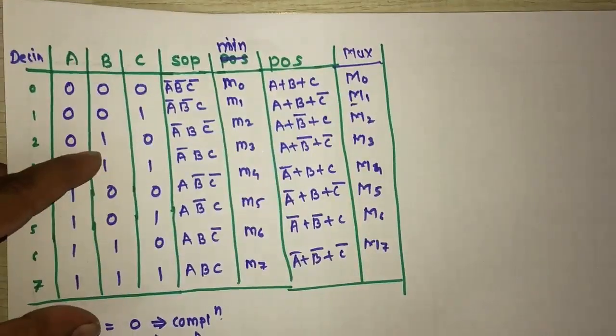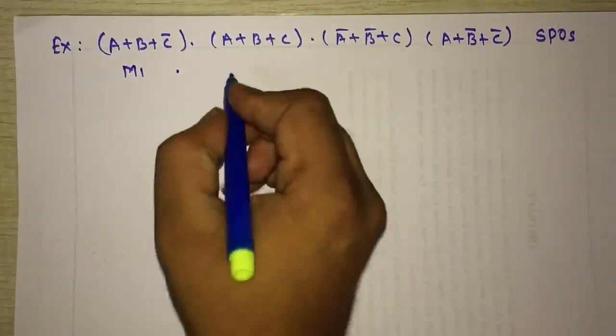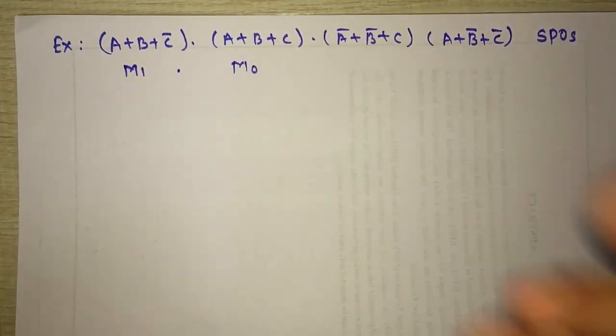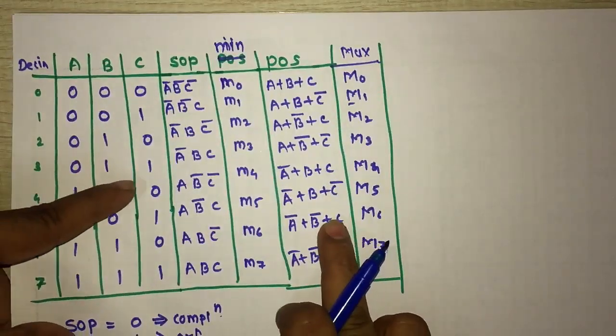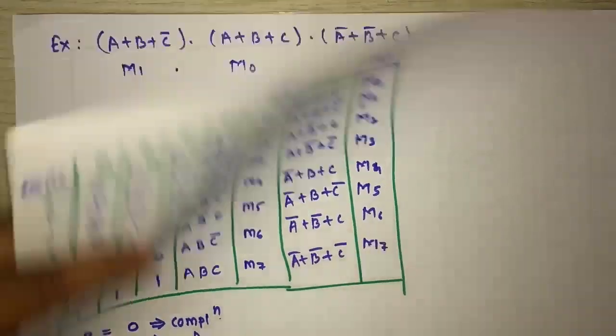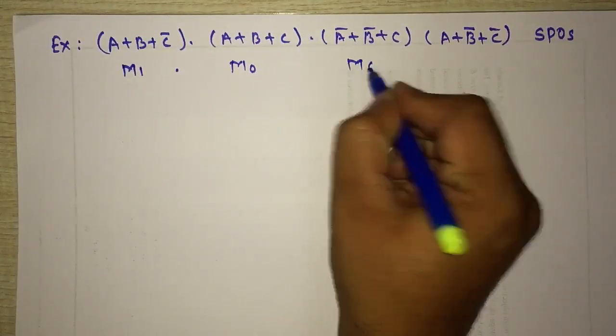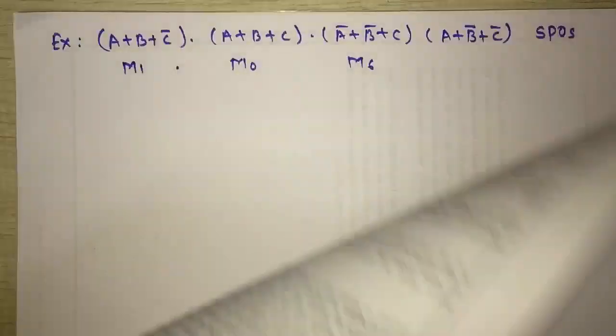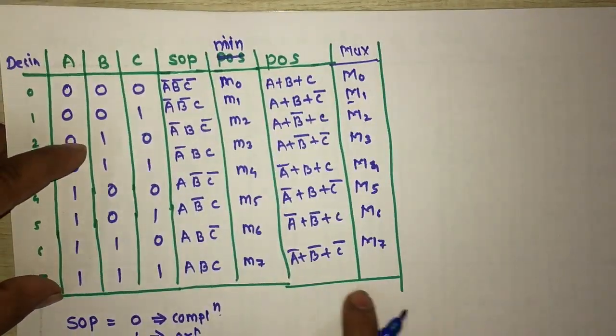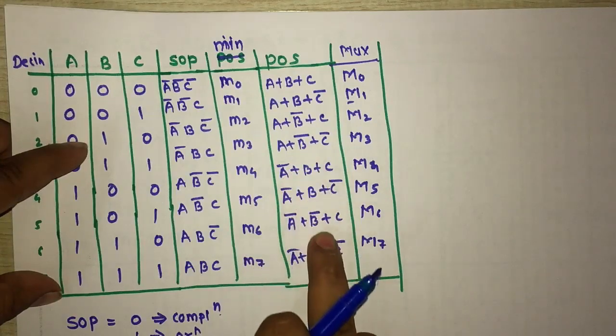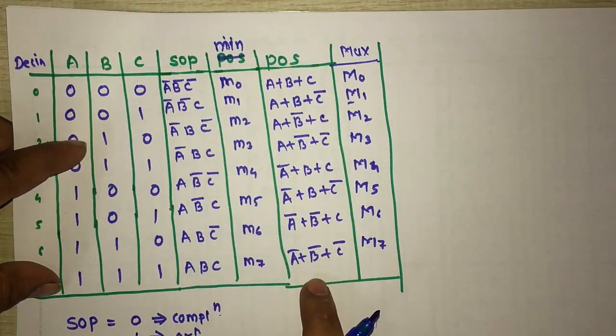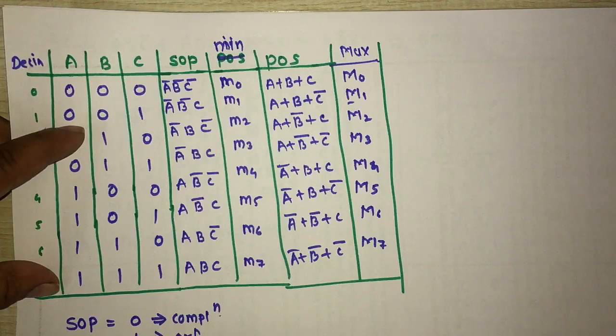Then a plus b plus c is M0, a bar plus b bar plus c is M6, and the last one is a plus b bar plus c bar. Where is that? A plus b bar plus c bar.